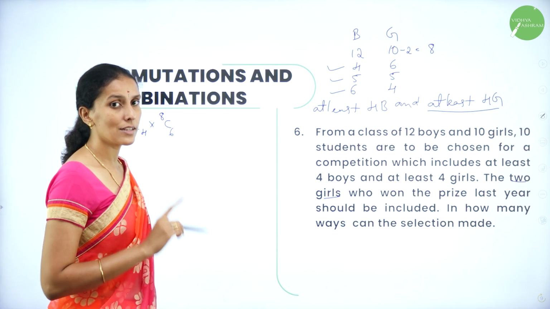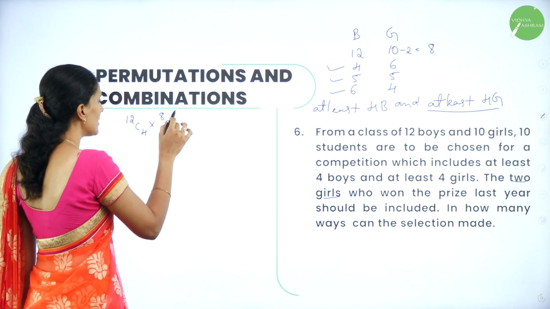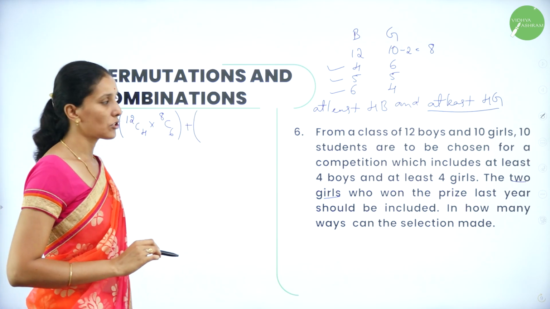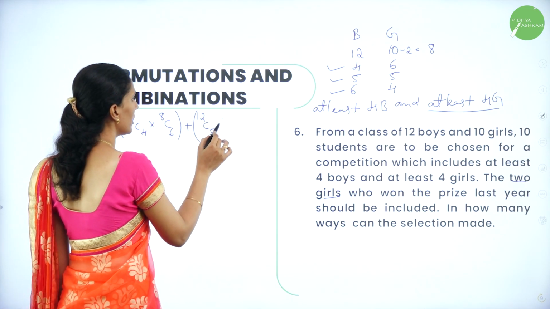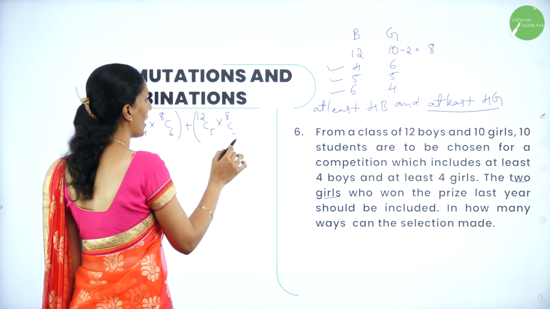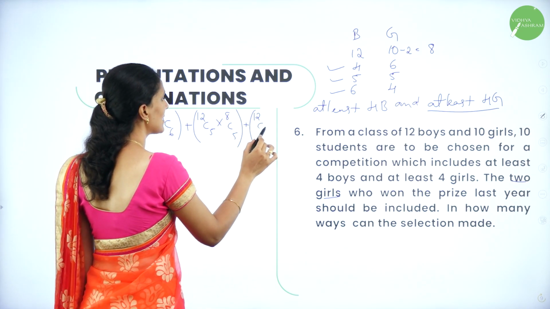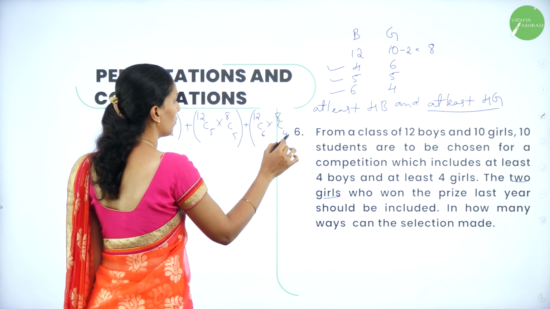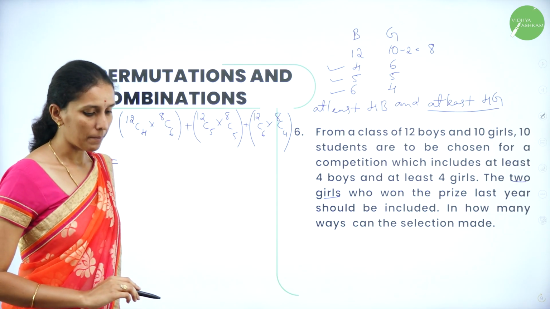Because the question says 2 girls must be included. Then this is my first case, or my second selection will be like this: 12C5 into 8C5. Or my third selection will be like this: 12C6 into 8C4.